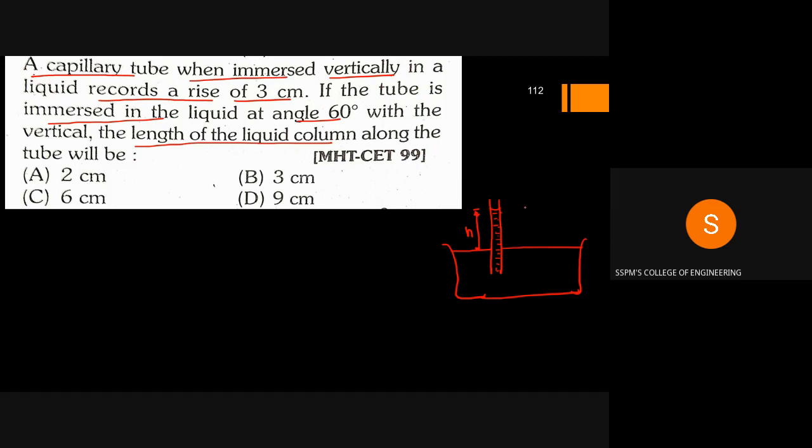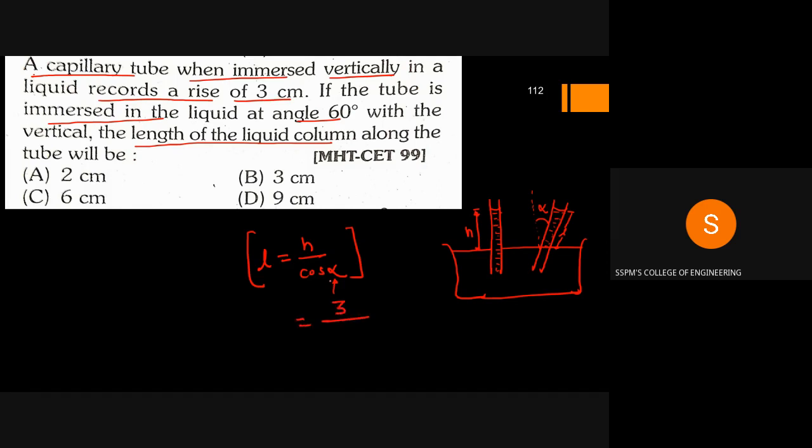If I incline the same tube, having the inclination alpha with the vertical axis, then the length of the liquid rise in that tube is given by L is equal to H upon cos alpha. This is the formula when we incline the tube by angle alpha, where H is the original height of the liquid rise in the vertical tube. Here the original rise is given as 3 centimeter.